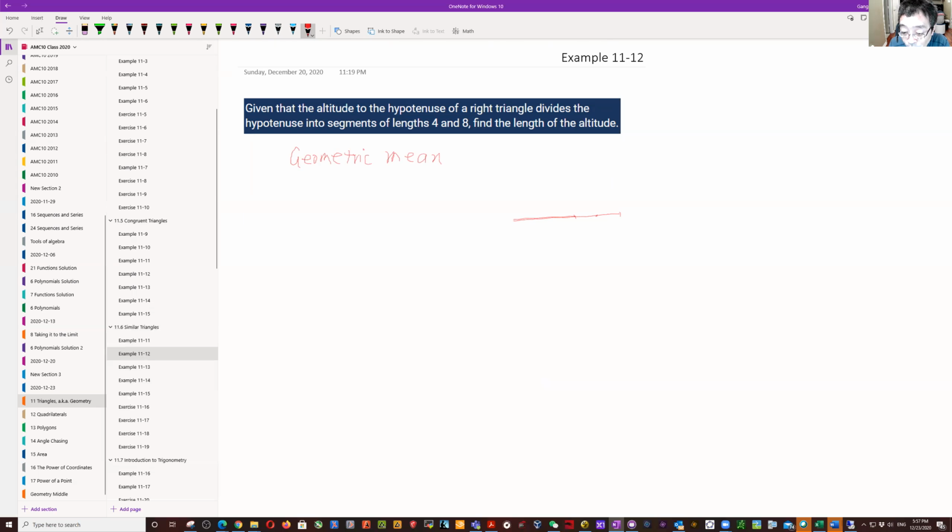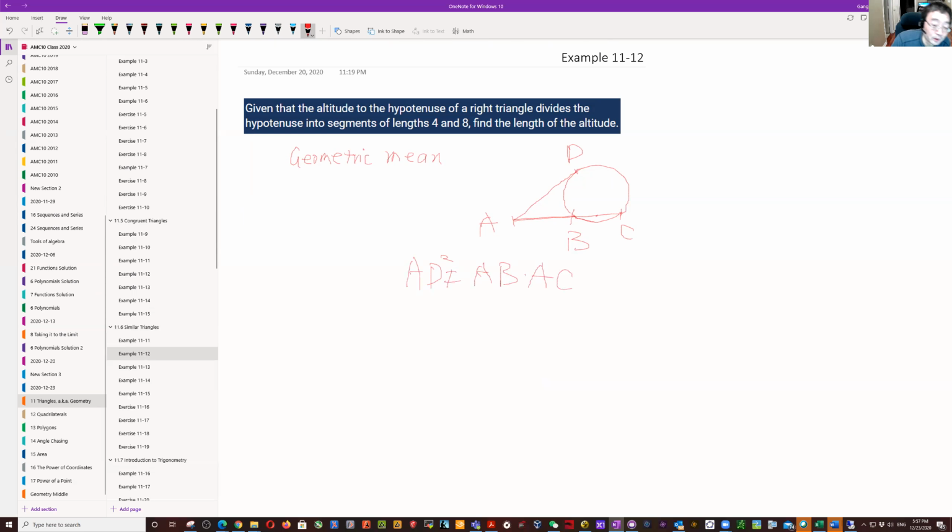You can just draw any circle passing through it. And then the tangent line is going to be the geometric mean of this and this. So let's say this line is A, B, C, D. So AD square equals AB multiplied by AC.